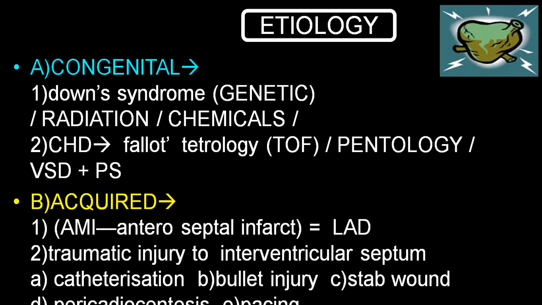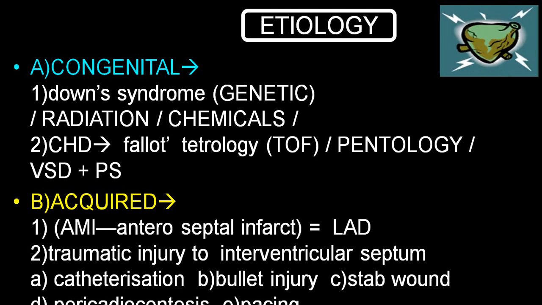It is one of the factors associated with Fallot's tetralogy. In pentalogy also it is associated with ASD. Or you can have pure pulmonary stenosis with only VSD, no overriding of aorta. These are some of the congenital groups.